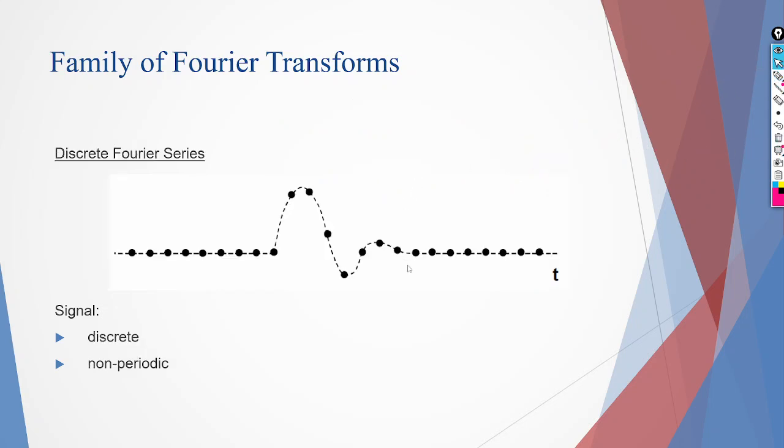Okay, next we go to the discrete series. So now we have a signal read by samples. It does not exist between these samples, so we speak about a discrete and non-periodic signal. For that, we use something called discrete Fourier series.